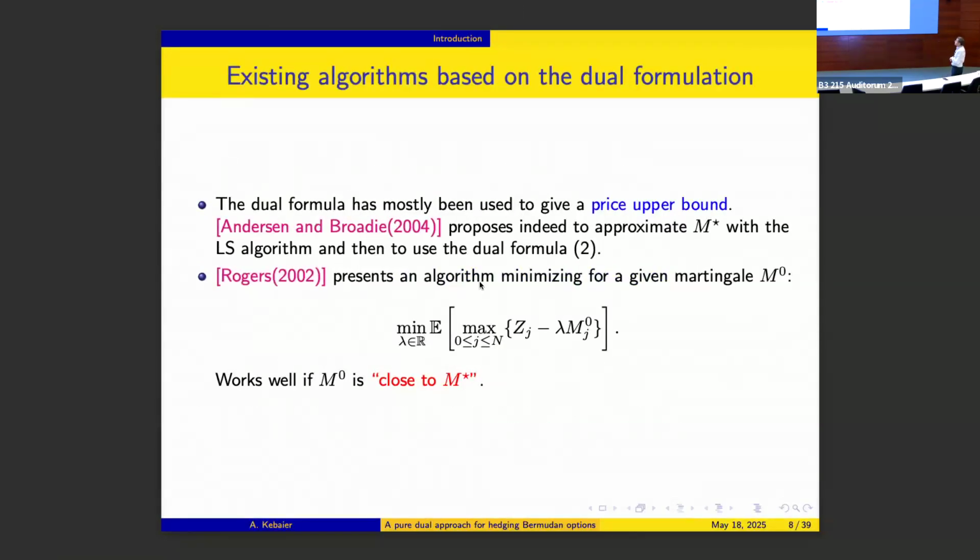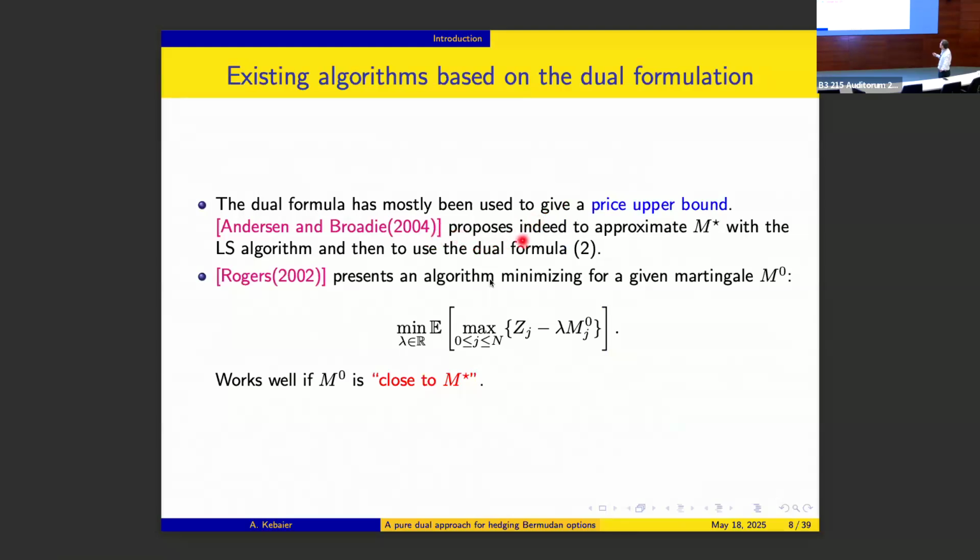So let me say a few words on existing algorithms based on the dual formulations. There is a very famous, popular paper by Andersen and Broadie that proposes to use the dual formula to give a price upper bound.